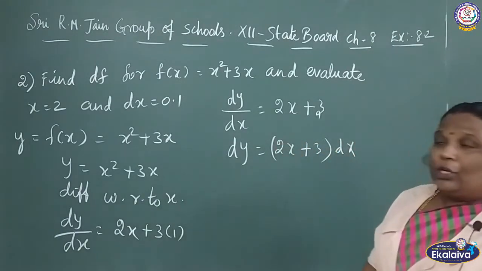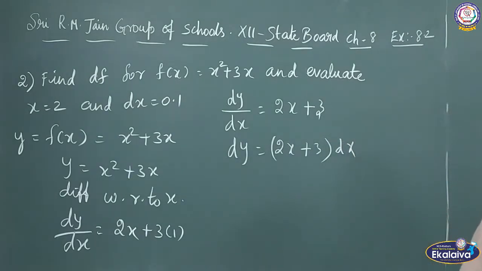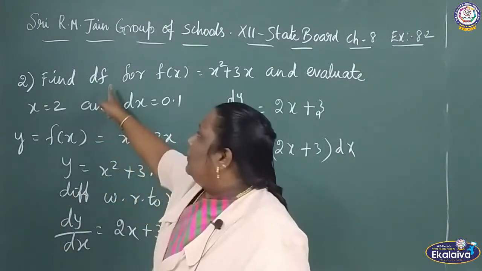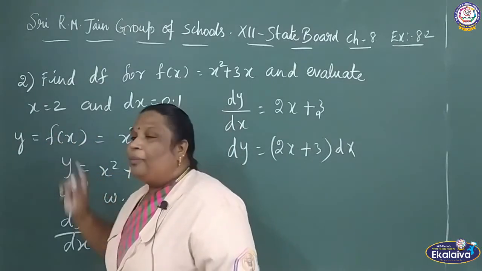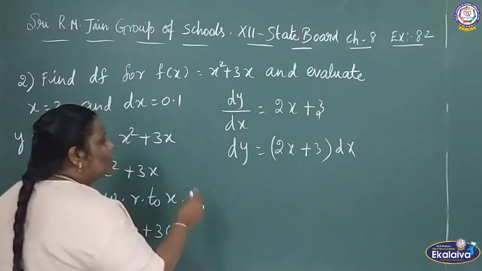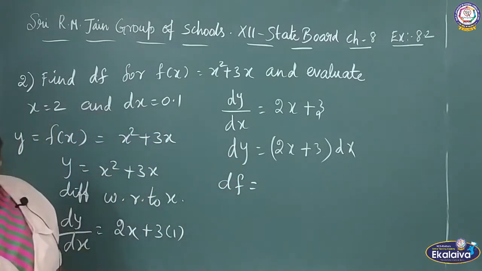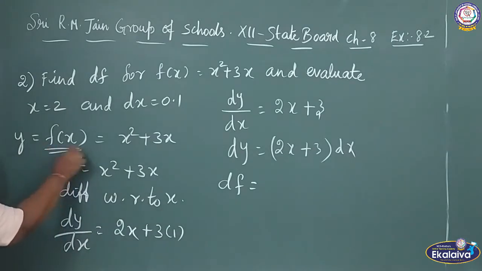But the values are given. What are the values? x equal to 2 and dx equal to 0.1. You can substitute everything here. df is nothing but dy, since I consider f of x equal to y.